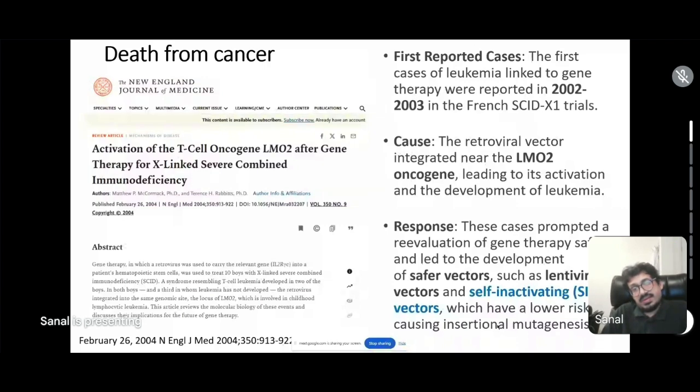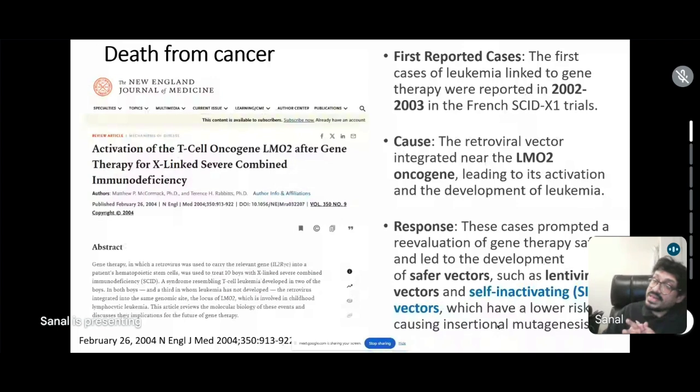After this, scientists started developing self-inactivating vectors, which have a lower risk of causing insertional mutagenesis. This is the big problem with lentiviral vectors.